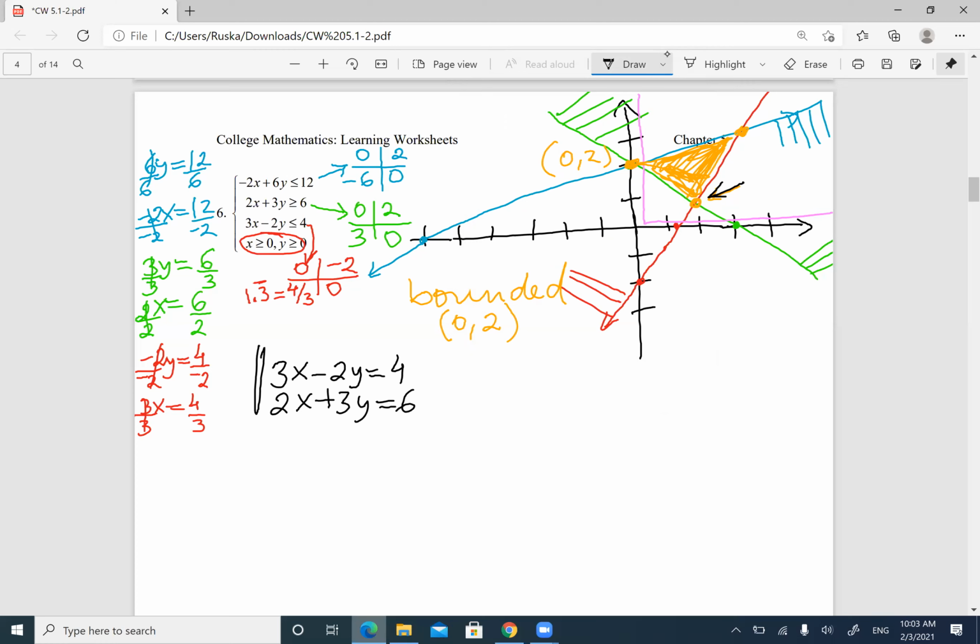And how do you solve it? You can multiply the first one by 3. I'm going to focus on the y, so I'm going to cancel the y. So 3 times 2 is 6, and the second by 2 is going to give me also 6.